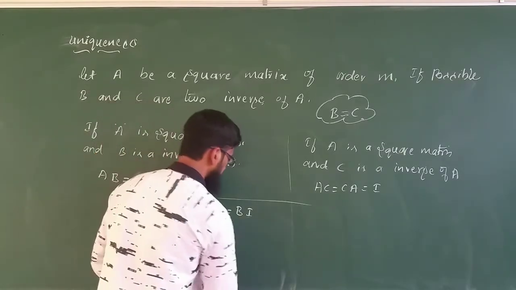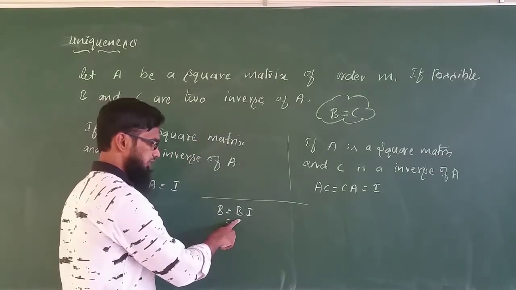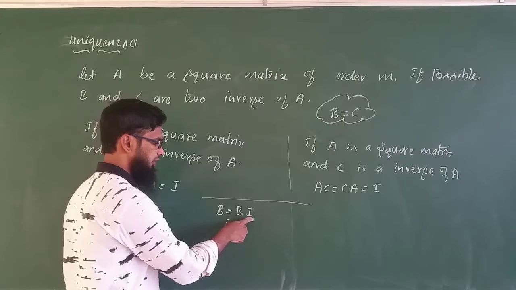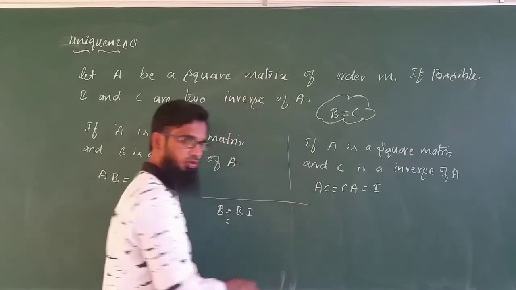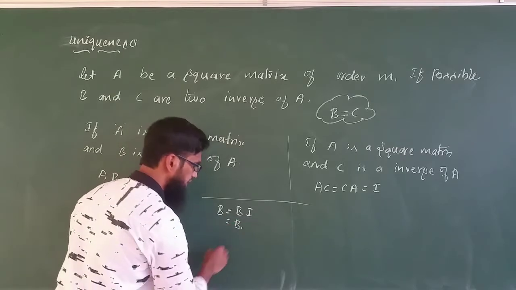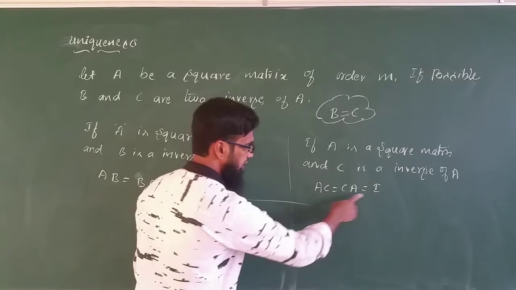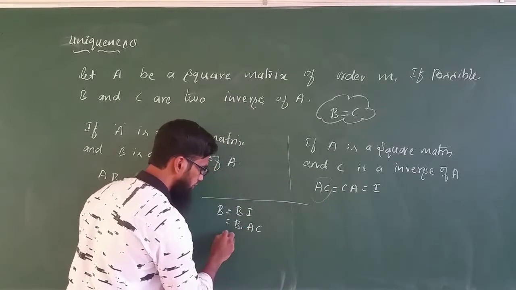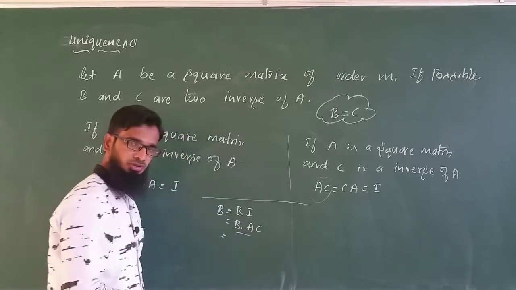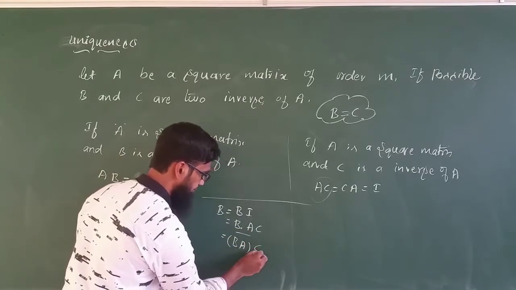Now, in place of I, I write A into C, keeping B as it is. Then I take the separate terms: B A, and then C.